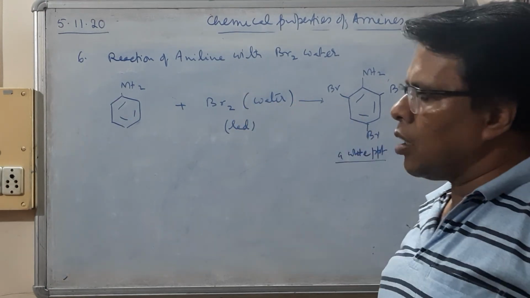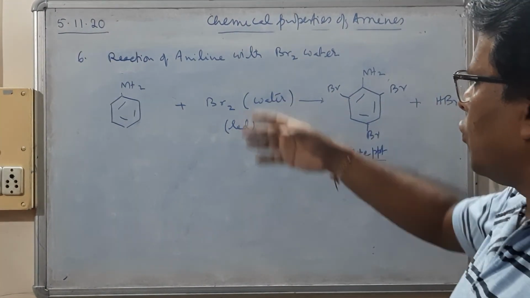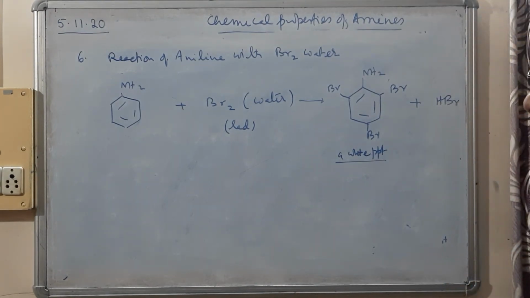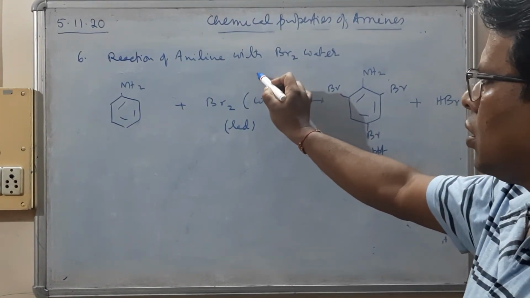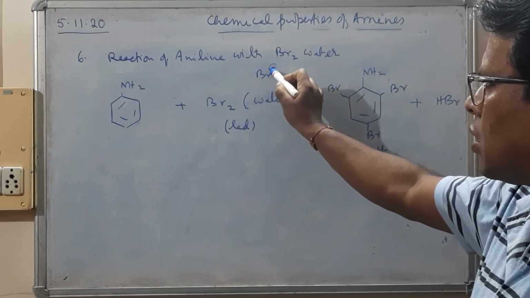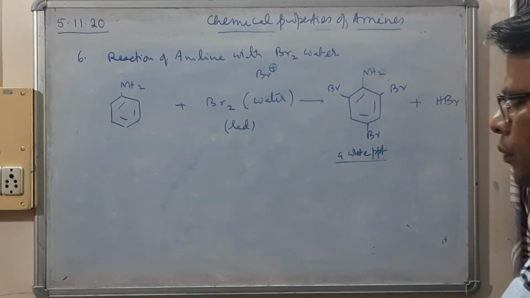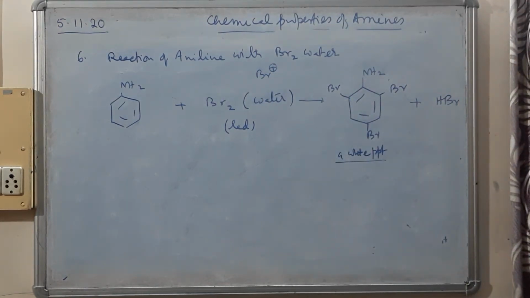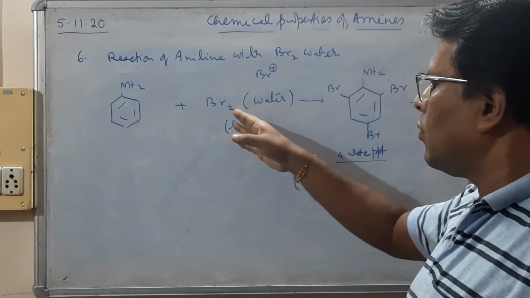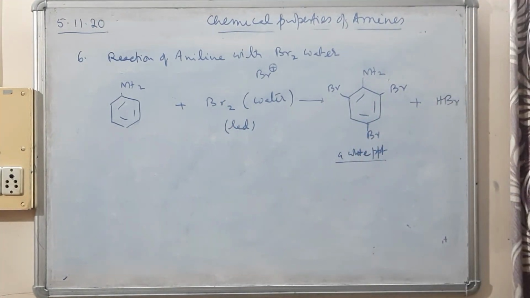So this is a bromination electrophilic substitution reaction. In this, the electrophile is Br plus, the bromonium ion. Now the question arises, why does tri-substitution occur?